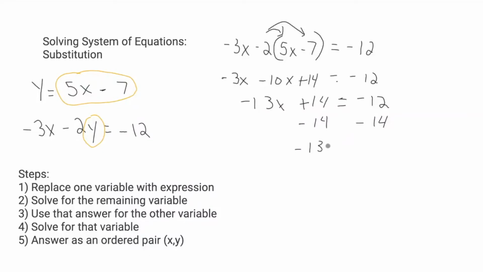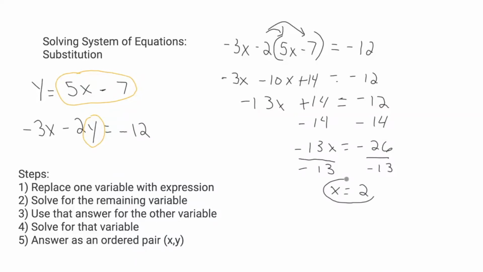I have my -13x equaling -26. Divide both sides by -13. Again, this is just the process of solving an equation. And I'm left with x equals 2.